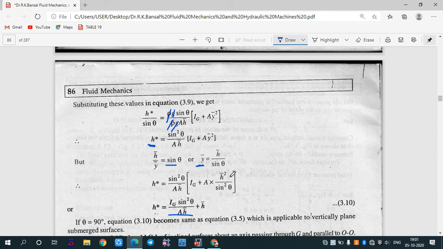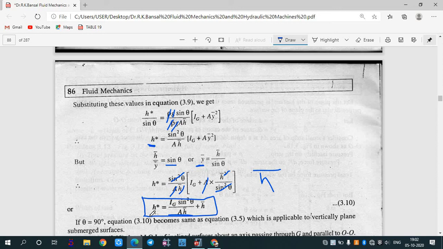Then we put all these values inside with this factor. This sine square theta and that sine square theta get cancelled. Over here it has h bar squared, so we are left with only h bar. The area also cancels. So ultimately it is Ig sine square theta by A h bar plus h bar. So this is the value which we are getting.